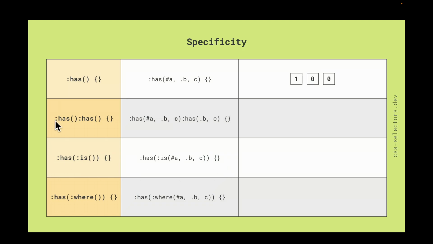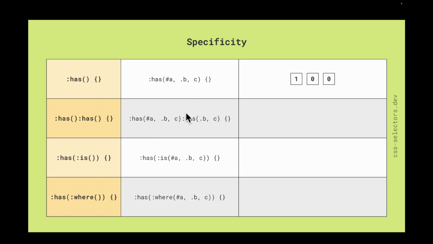Here are examples in the table. Let's take a look at the first one. We have the has pseudo-class with an ID, class, and type element as arguments. In this case, the specificity will be 1, 0, 0 because it follows the most specific selector in the arguments, which is the ID.